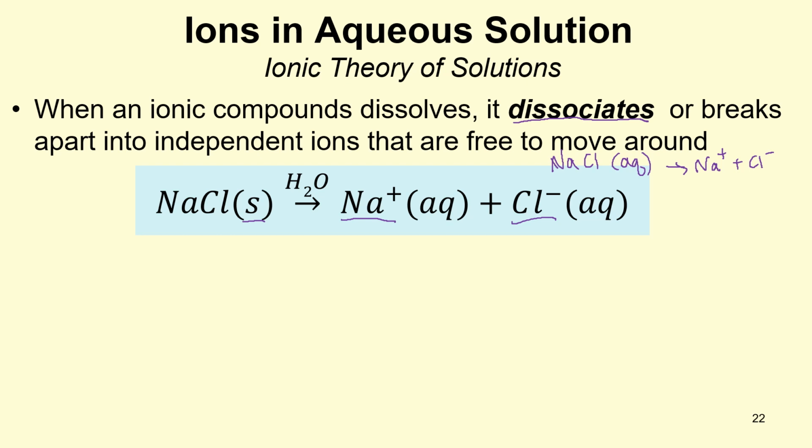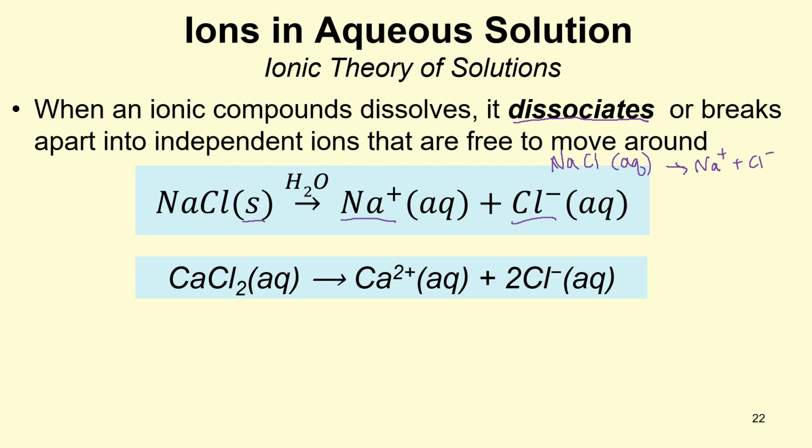Let's look at another example. This one's a little bit different because notice that I have two Cl's here. So when they break up, I've got a Ca and a Cl and a Cl. The two Cl's don't hang out together. So this is going to break apart, this is going to break apart, this is going to break apart. So I'm going to have the Ca, and I'm going to have a Cl, and another Cl, and they're all going to be separate from each other.